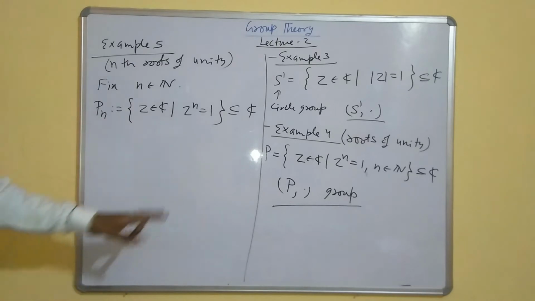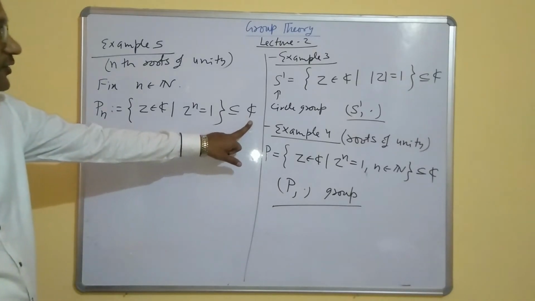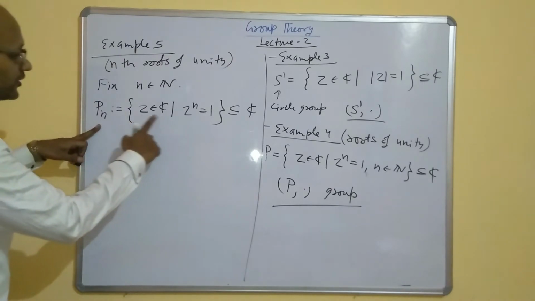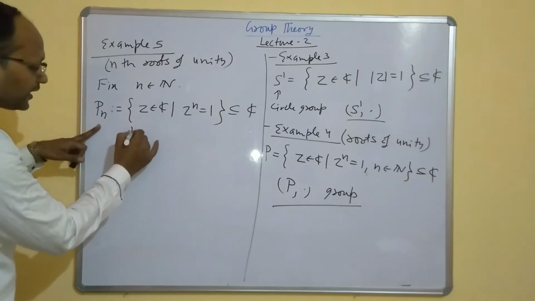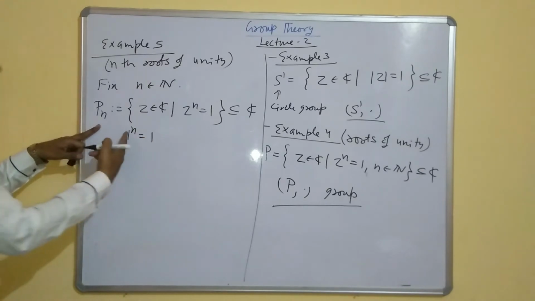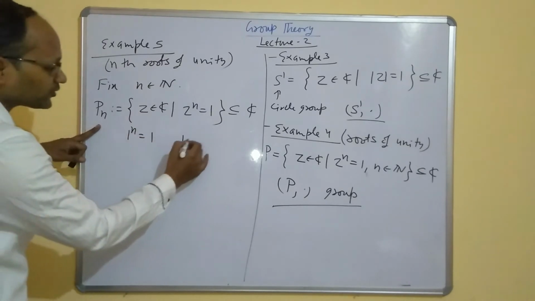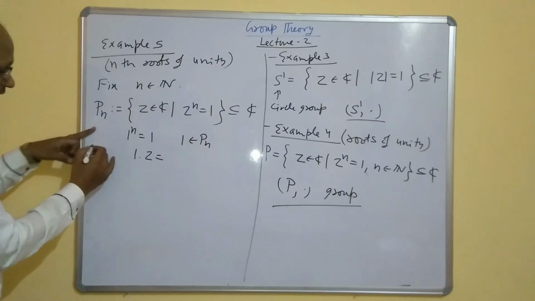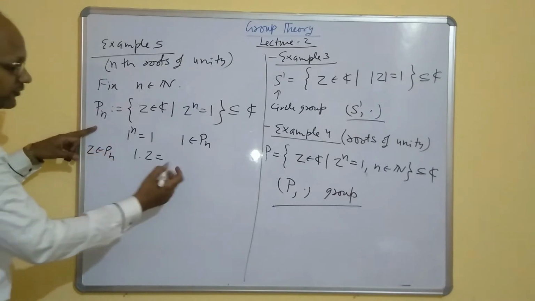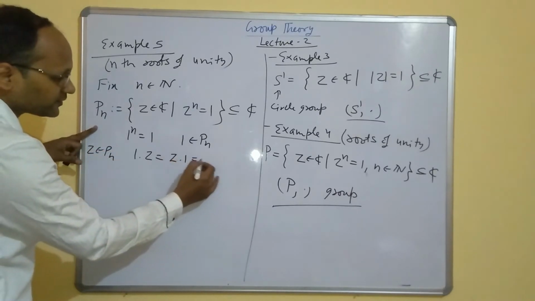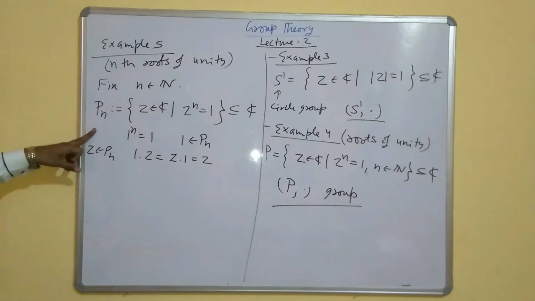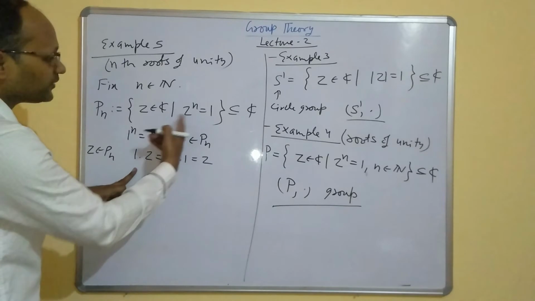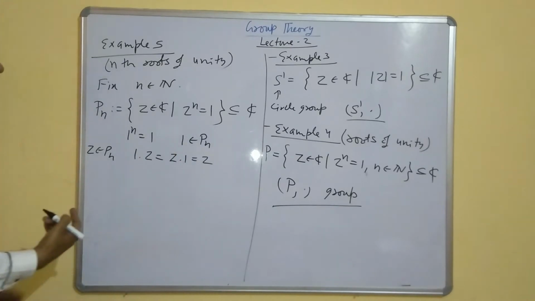Because associativity is there with respect to multiplication for the whole complex set, associativity is there in this set. 1 is always a root because 1 to the power n is 1, so 1 belongs to Pn. So 1 will work as a multiplicative identity because if you take any z in Pn and multiply it by 1, then you will get z itself. So 1 is there. And inverse is also there. Why?